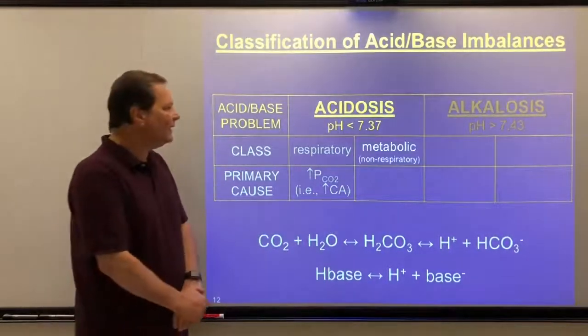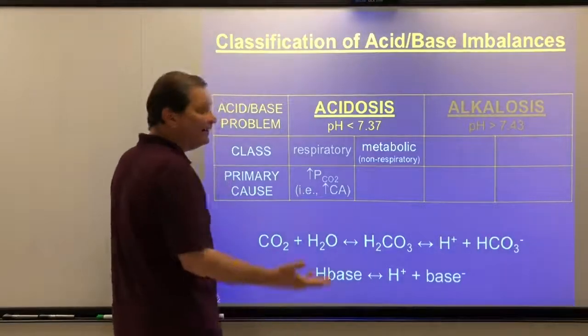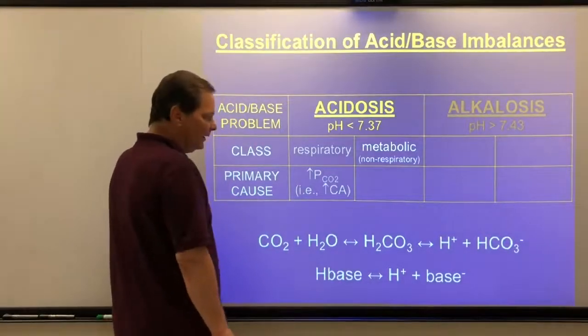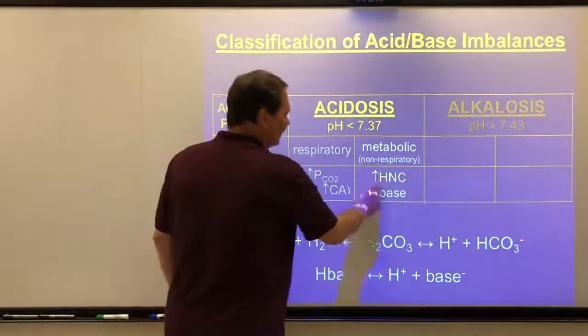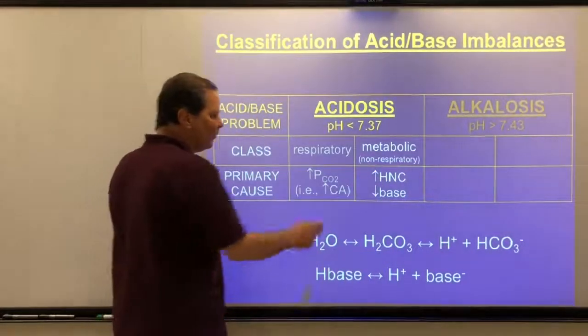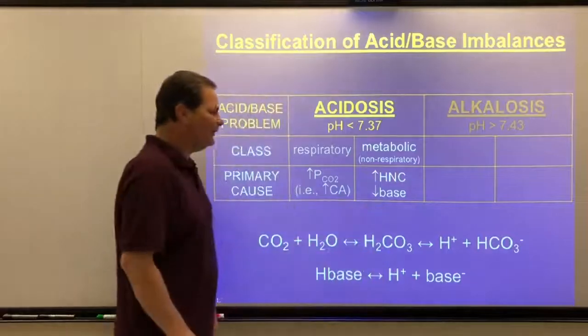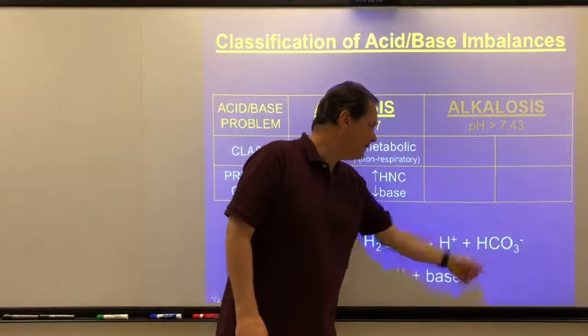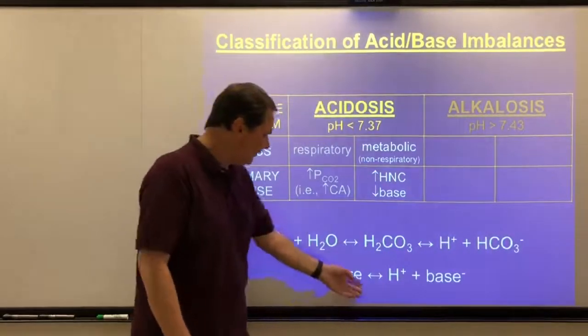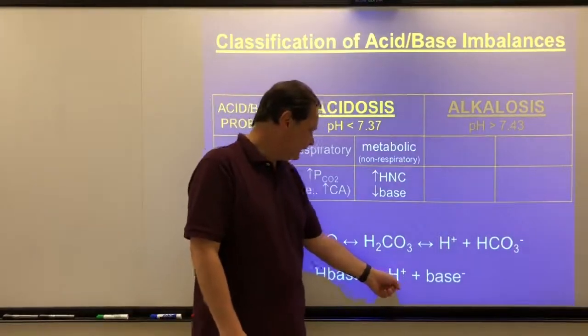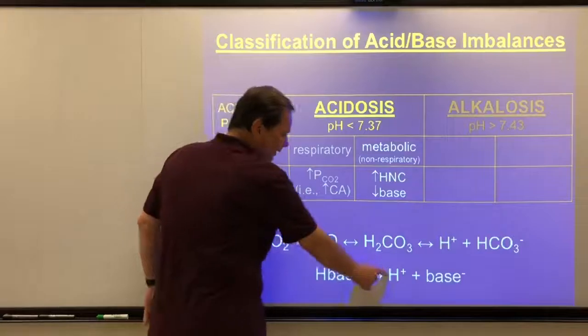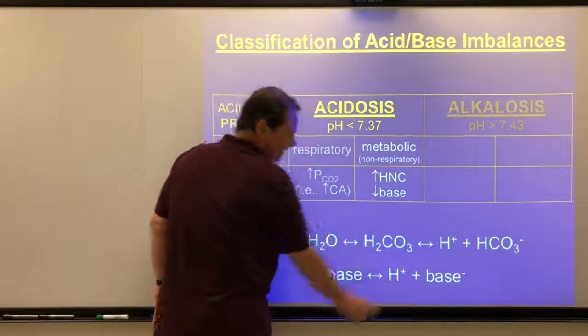A metabolic acidosis is basically anything that's non-respiratory. And ordinarily what we're talking about here is an increase in some non-carbonic acid or a decrease in the availability of base, and that decreased base can include bicarbs. So here we have our hydrogen ion bound base in solution that dissociates into hydrogen ions and your base here.